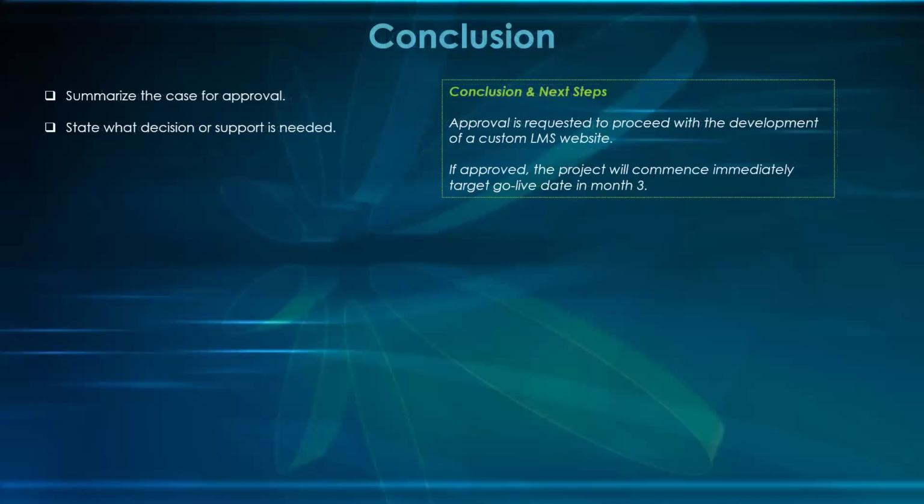Then lastly, conclusion, you gain approval. So remember when we talked about the project, the program, and the portfolio. Now, you bring up your proposal, that's your business case. Other people are bringing their proposals as well.